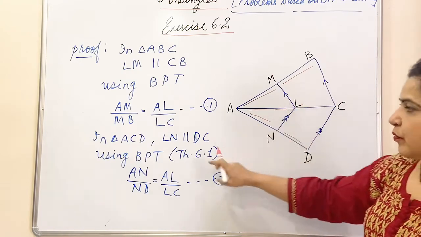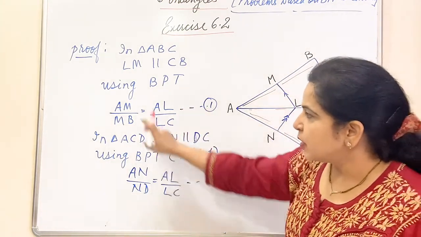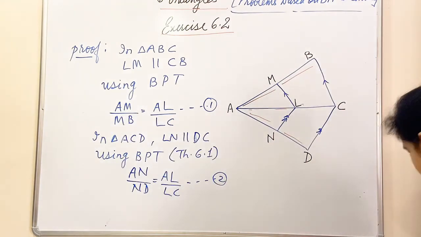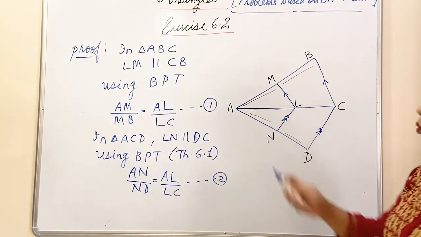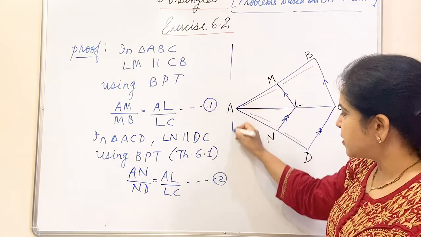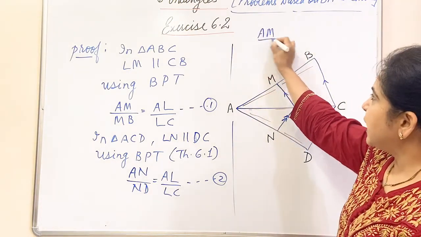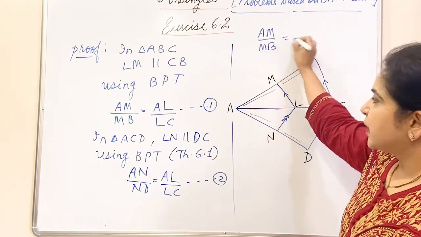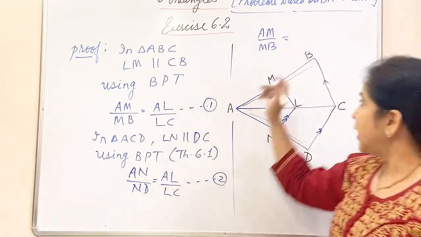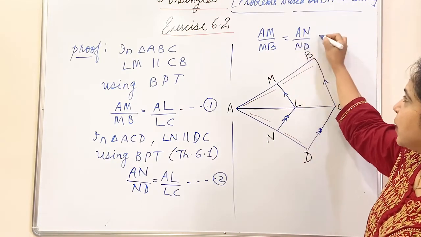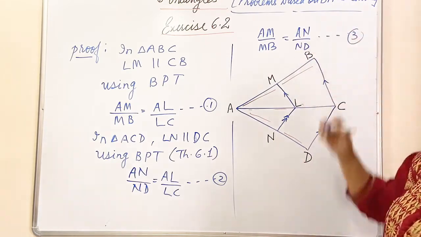So the left and right hand side is common, so the left hand side will also be equal. So comparing equation 1 and 2, we can write here that AM by MB is equal to AN by ND. Now this is equation 3.